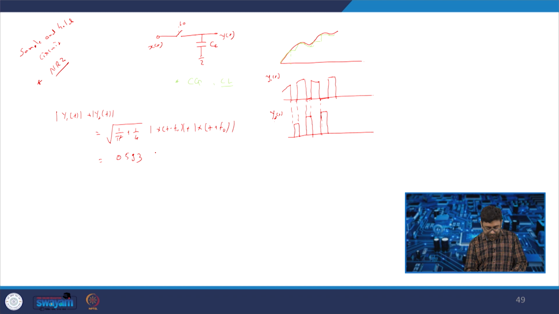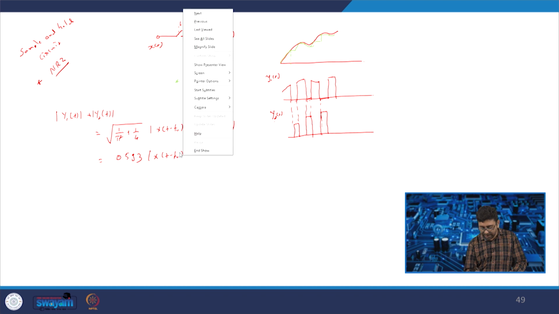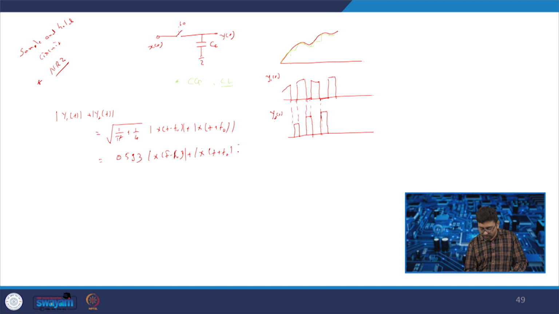0.593. The amplitude will be 0.593 X(f − f0) plus X(f + f0), and the double. So, if we consider this as a double balance, you will get twice this gain.